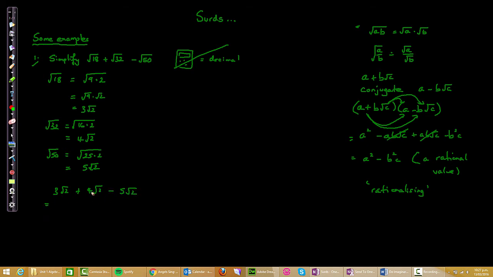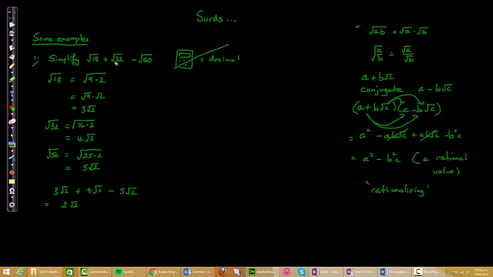Well, that's going to be 7 root 2, take away 5 root 2 would be 2 root 2. So in questions of this type, what you're looking for each time is to rewrite each of these as some sort of multiple of a square number. Usually the questions are similar to that.